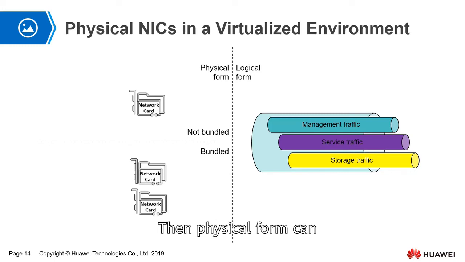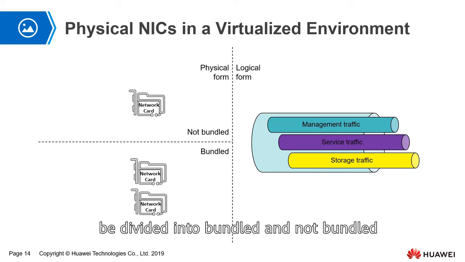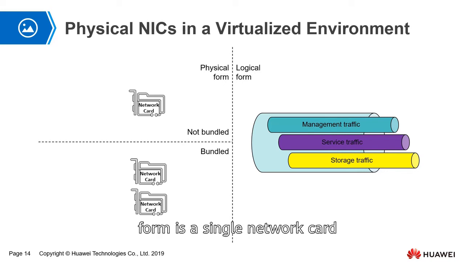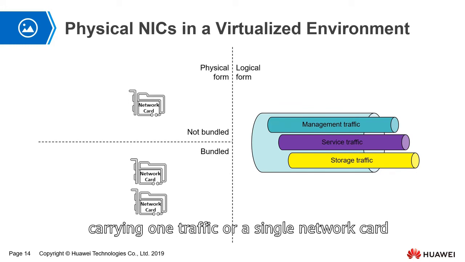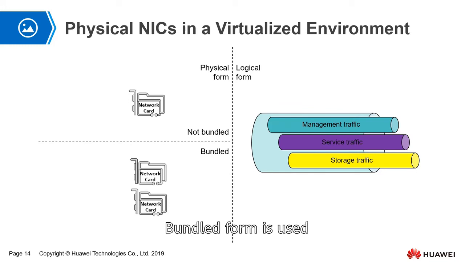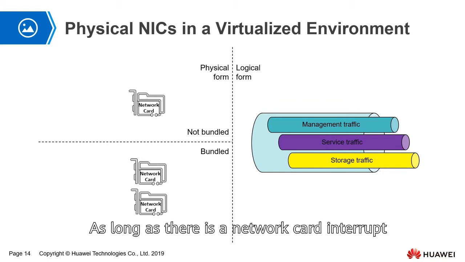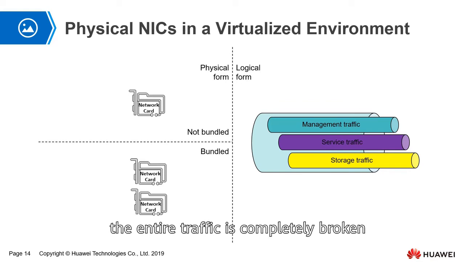Then, the physical form can be divided into bound and not bound. Unbound form is a single network card carrying one traffic or a single network card carrying multiple traffic. Bound form is used for especially important traffic that cannot be interrupted. As long as there is a network card interruption, the entire traffic is completely broken.